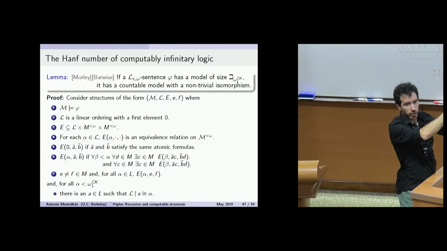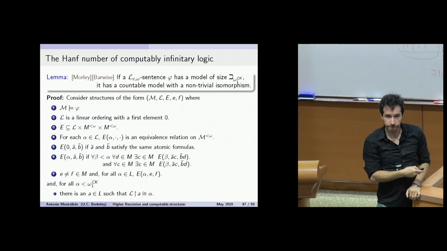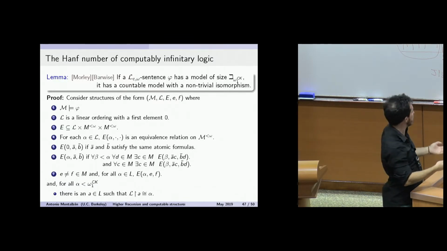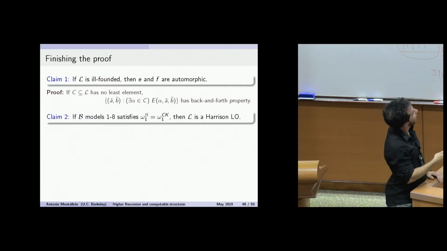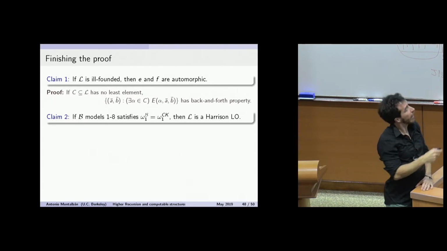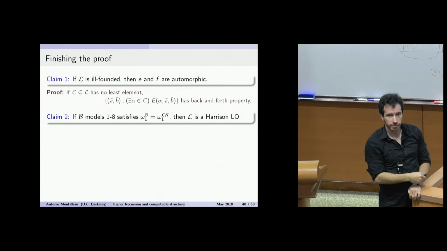But if it doesn't compute omega 1ck, it means that whatever happens later has to be non-well-founded. So if it starts like omega 1ck but doesn't compute omega 1ck, it must look like a Harrison linear ordering. And if it looks like a Harrison linear ordering, it's ill-founded. And then we get an automorphism.